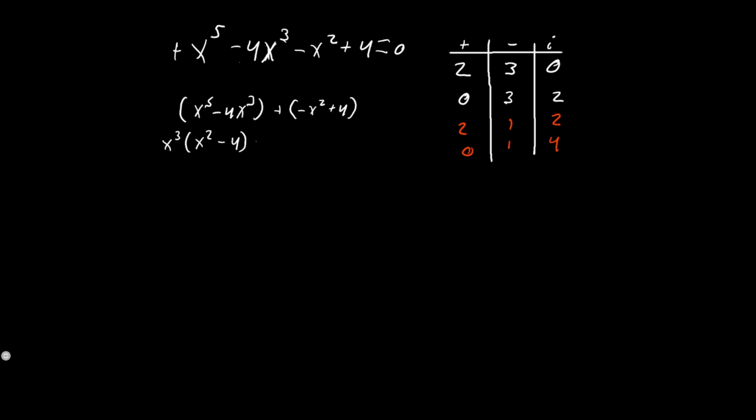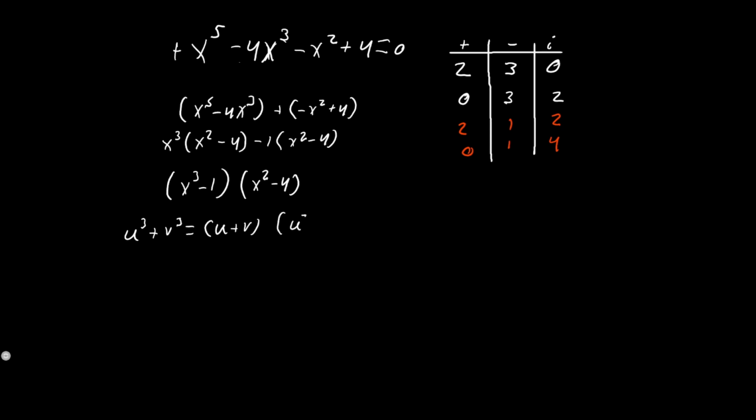And we could factor out a negative 1. So we have x squared minus 4. And we can just factor this out, giving us x cubed minus 1 times x squared minus 4. And here we can go ahead and use the difference of cubes, which is u cubed minus v cubed is equal to u minus v times u squared plus uv plus v squared.